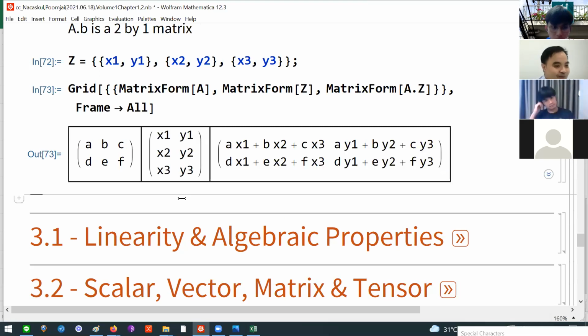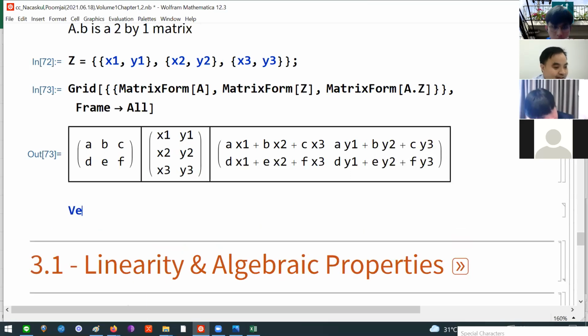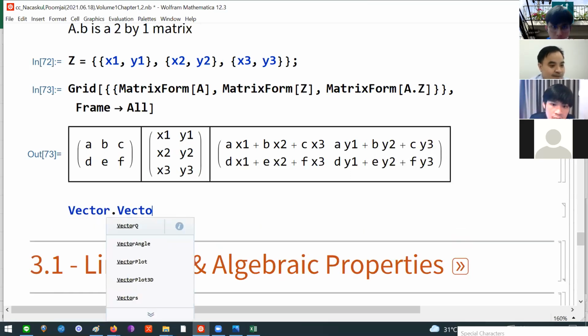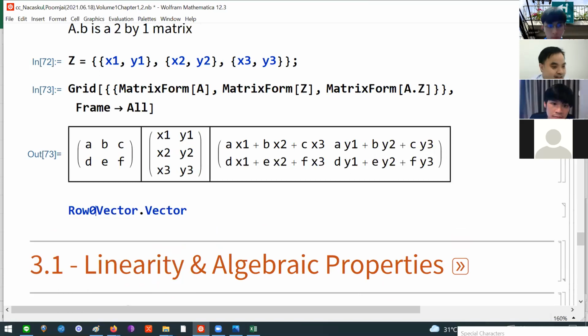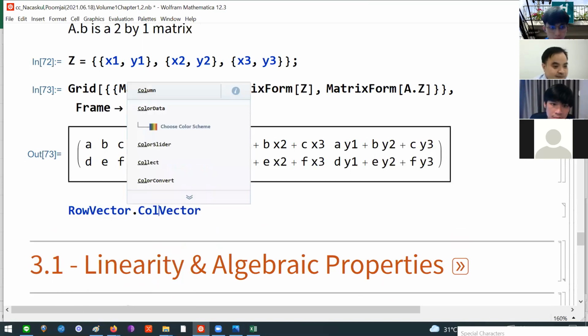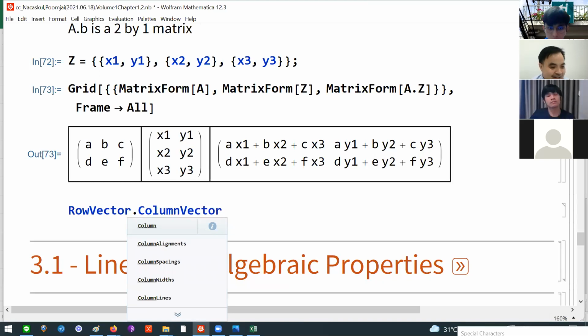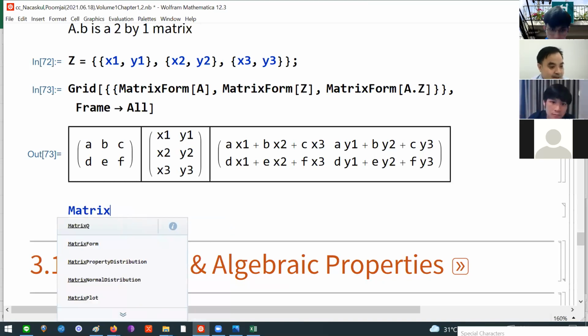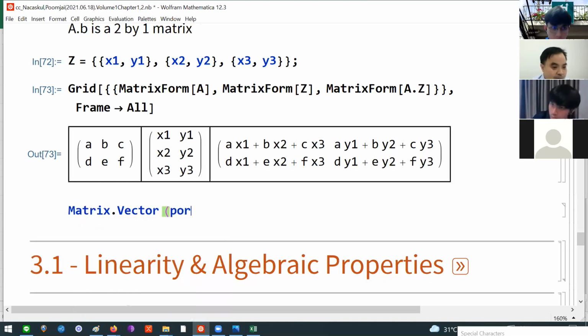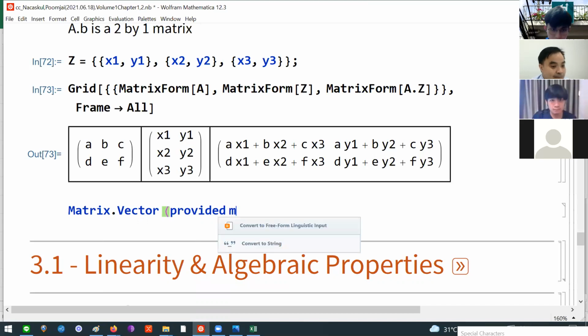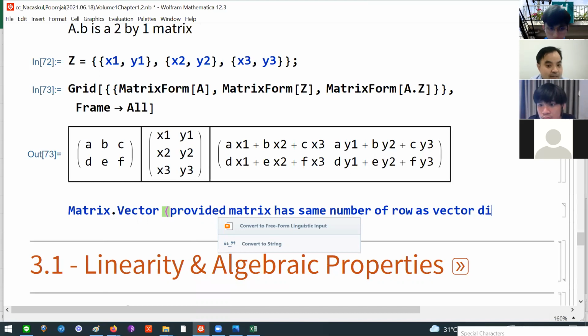So in general, we have vector dot vector. This is a row vector dot column vector. Okay, we did that. We also did matrix dot vector, provided the matrix has the same number of columns as the vector dimension.